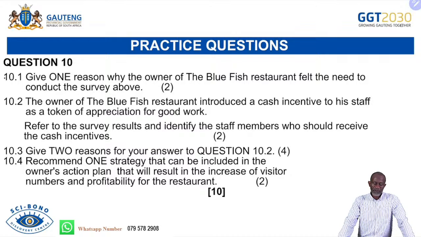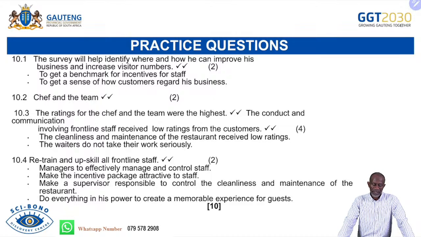10.1, it says, give one reason why the owner of the Bluefish restaurant felt the need to conduct the survey above. So as we look into the answer to that, the survey will help identify where and how he can improve his business and increase visitors number.